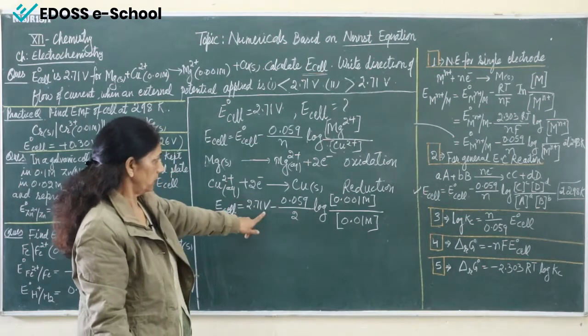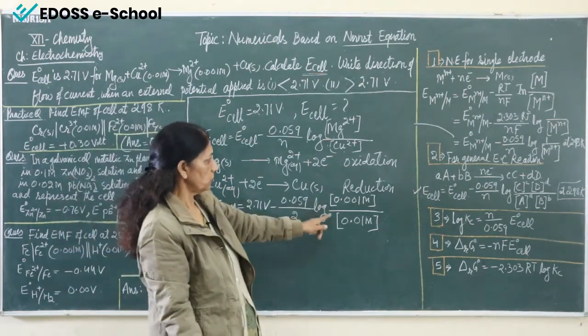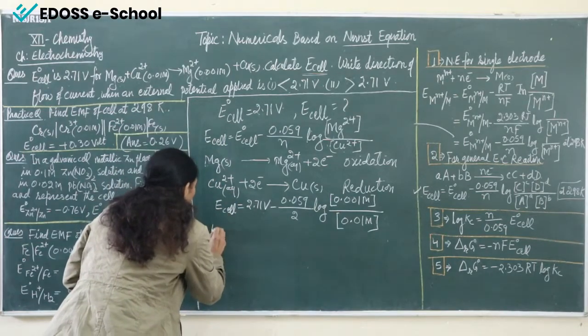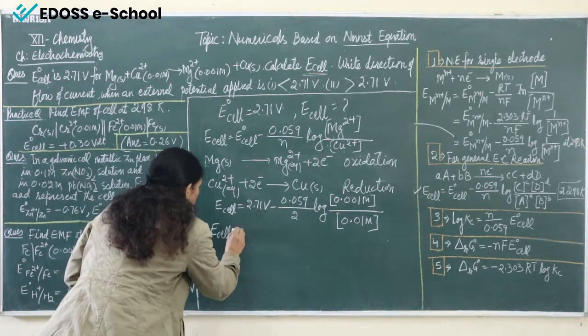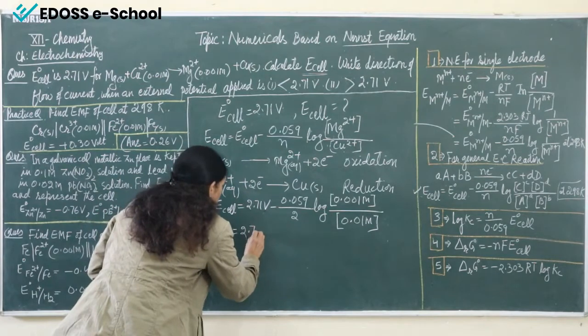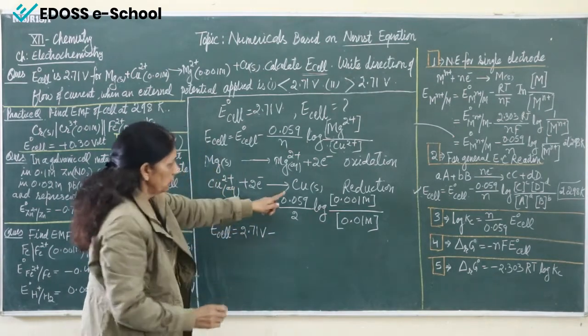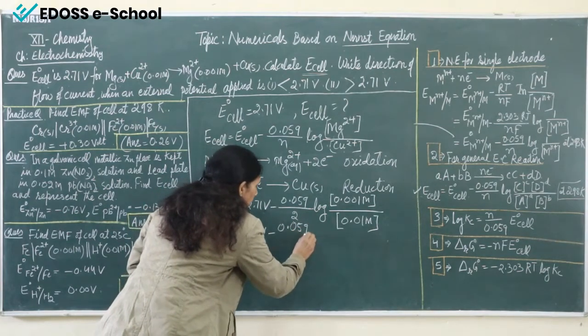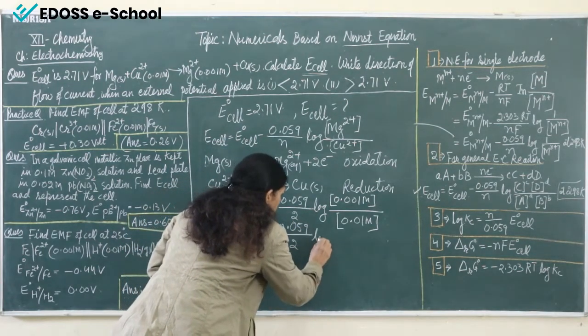For solving it, the first thing that is important is to solve this one. Now see how we will solve it. E of the cell is equal to 2.71 volt minus 0.059 upon 2 and log.